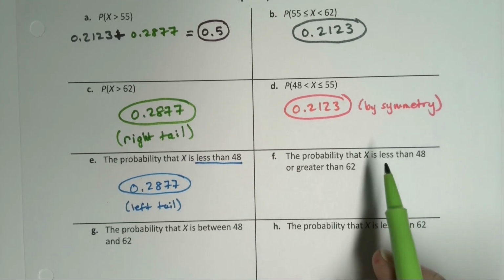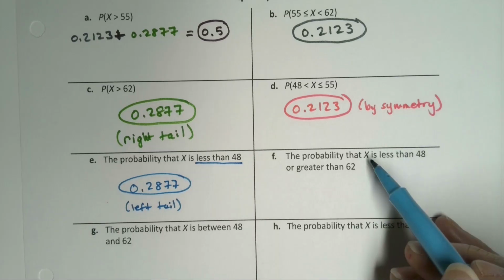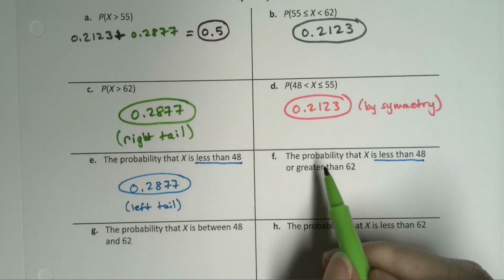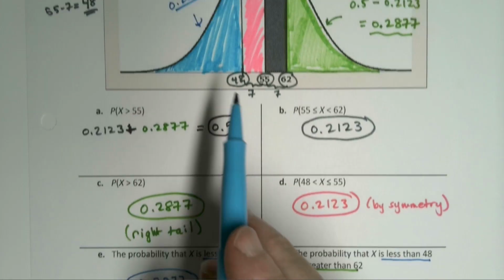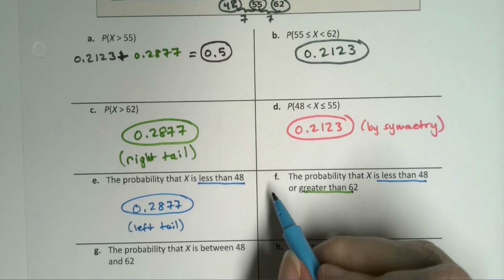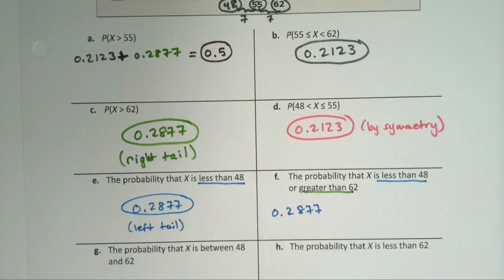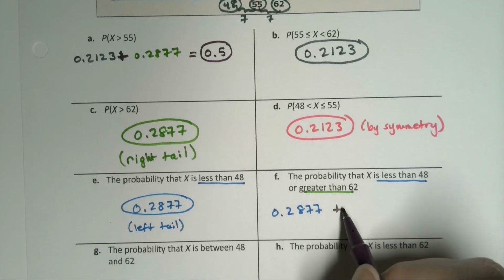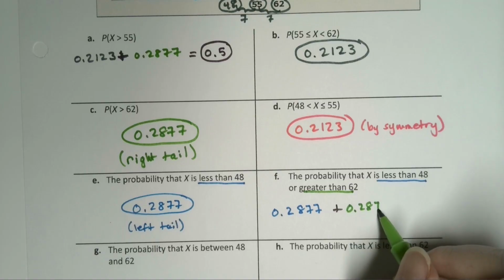All right, what about less than 48 or greater than 62? Less than 48 would be the blue section, or greater than 62, that would be the green section. So less than 48 is this piece, right? 0.2877 plus greater than 62 would also be 0.2877.